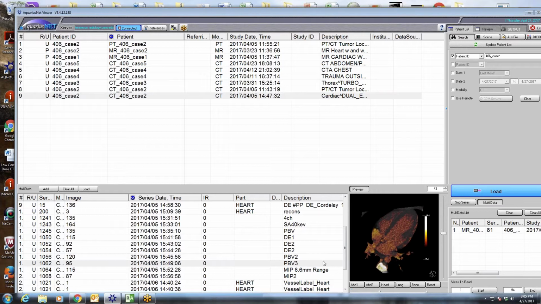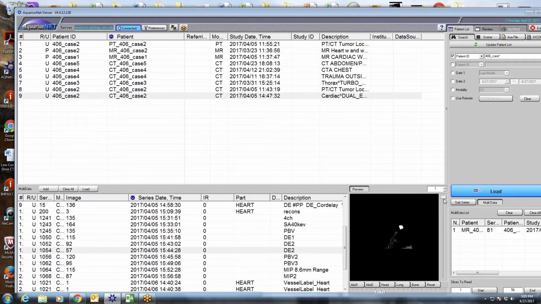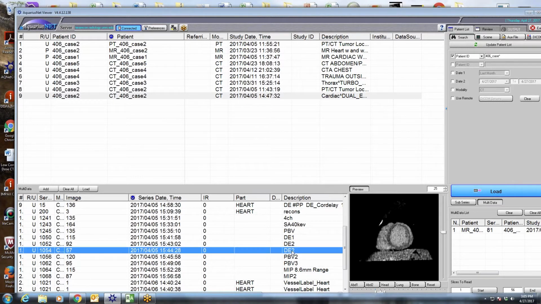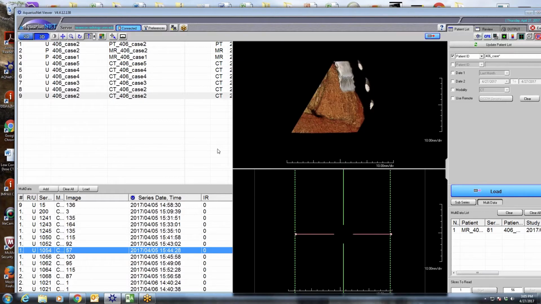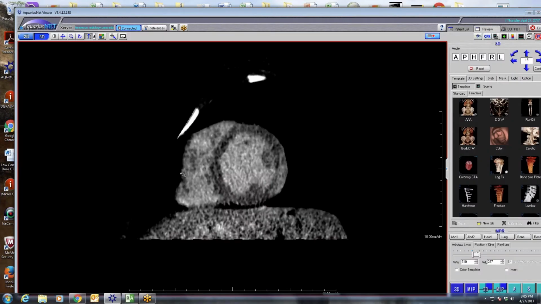So I said, well, hey, turn a negative into a positive. Why don't we do some dual energy stuff with some delayed enhancement?